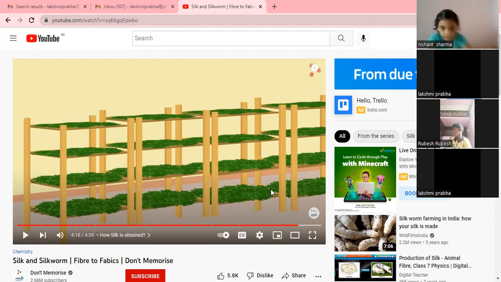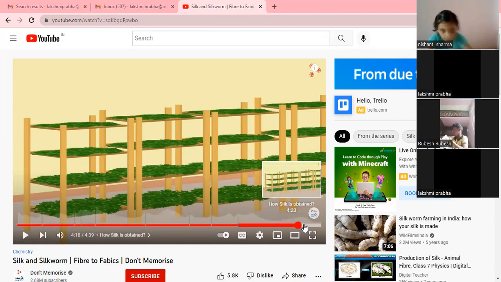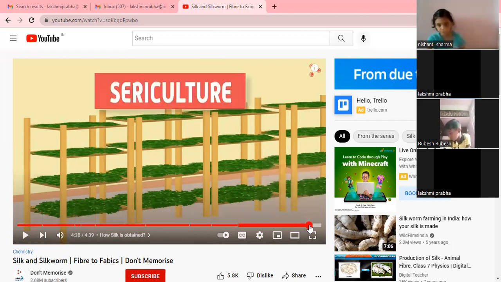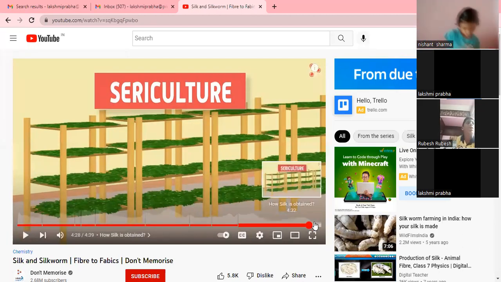This technique of rearing silkworms is called sericulture. It is not that we have to plant more mulberry plants. You can obtain the mulberry leaves at home itself, but you have to get permission from the government to do all these processes. Yes, children? Is it clear?